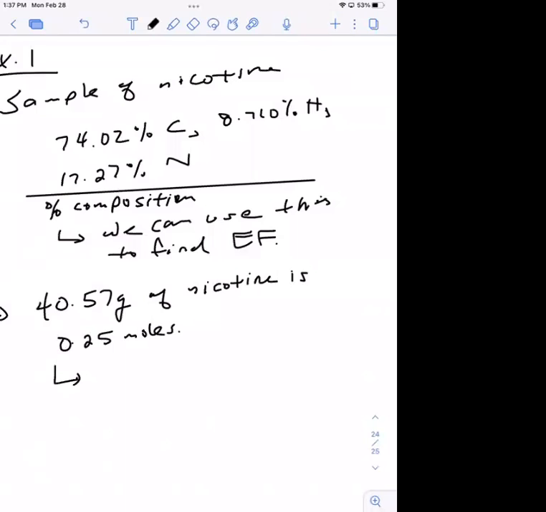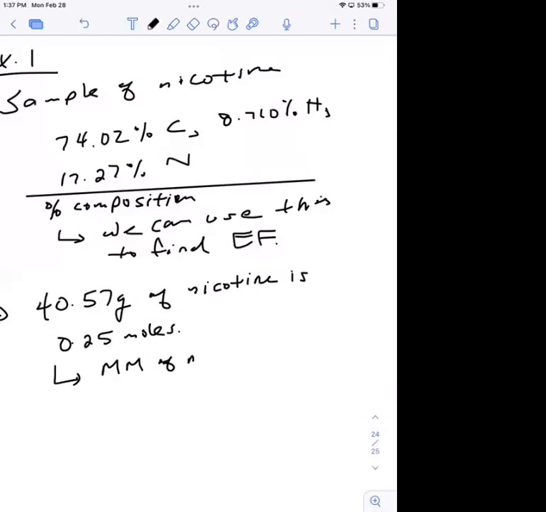What can we get from that? How many grams are in 1 mole of nicotine? Exactly. So we can actually get the molar mass of nicotine from this.